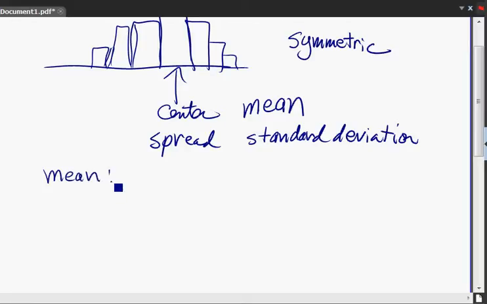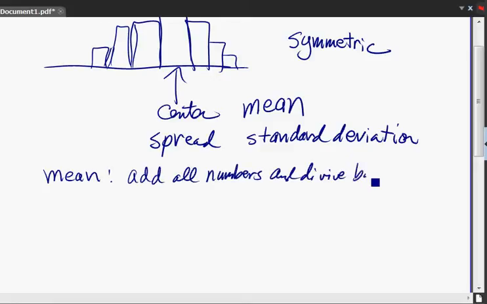What do I do if I'm looking for a mean? Yes. Add all numbers and divide by the number of values.